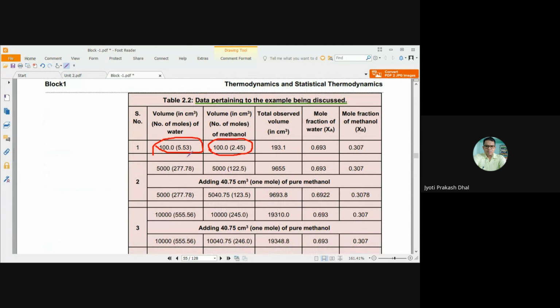So the 100 ml of water equals 5.53 mole and 100 ml of methanol equals 2.45 mole. Then the total observed volume will become 193.1 ml. Then the mole fraction of water will be 0.693 and mole fraction of methanol will be 0.307. And if you add the mole fractions of both, the total mole fraction will become 1.